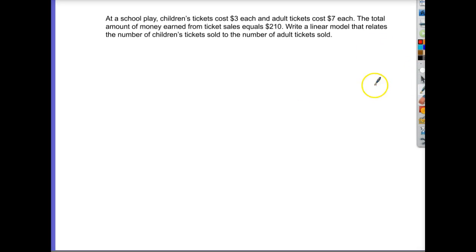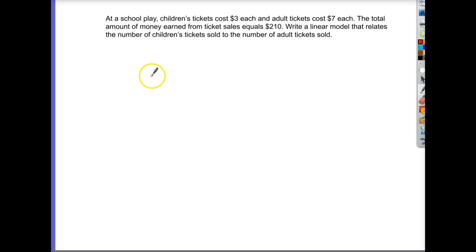So, at a school play, children's tickets cost $3 each, and adult tickets cost $7 each. The total amount of money earned from ticket sales is $210. Write a linear model that relates the number of children's tickets sold to the number of adult tickets sold.